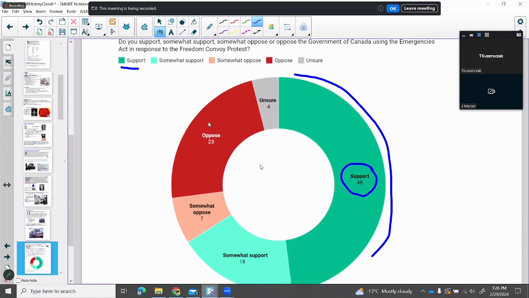Somewhat support, you can see that's the lighter green. So in the pie chart, they make up 18%. People who opposed were 23%. Somewhat opposed, in pink, 7%, and there were people who were unsure, and they make up 4% of that pie chart.